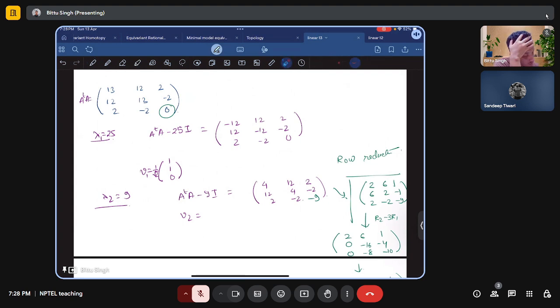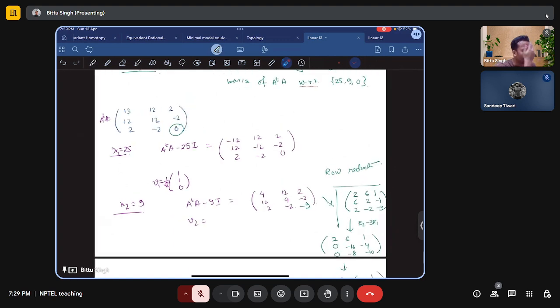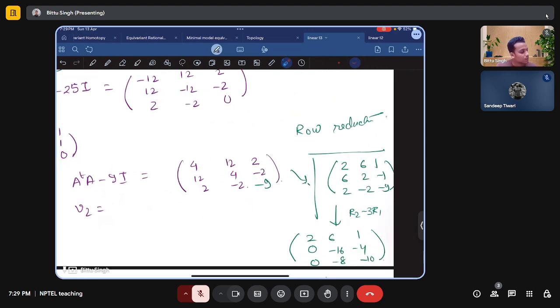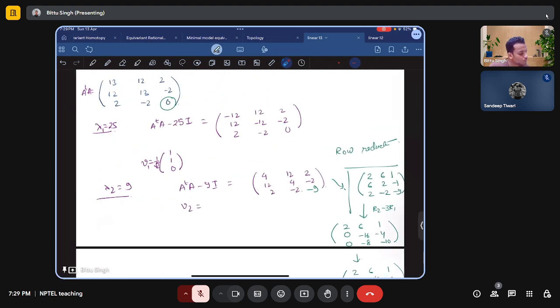Okay, let me again check. 13 minus 9, which is 4, 12, 2. Then 12, 13 minus 9, minus 2. 12, 4 minus 2. Then 2 minus 2 and minus 9. Maybe I am making some mistake.